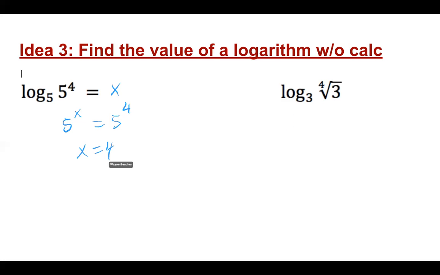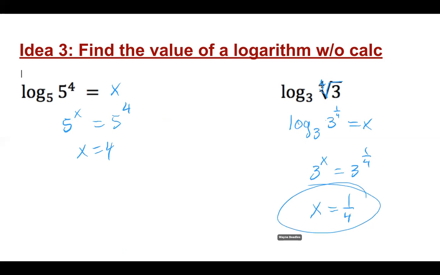So that means if I have this one, let me write, remember when you have a 4th root, you can write that as to the 1/4 power. So that's what I'm doing. And I'm going to say 3 to the x is equal to 3 to the 1/4. So this would be x is equal to 1/4.